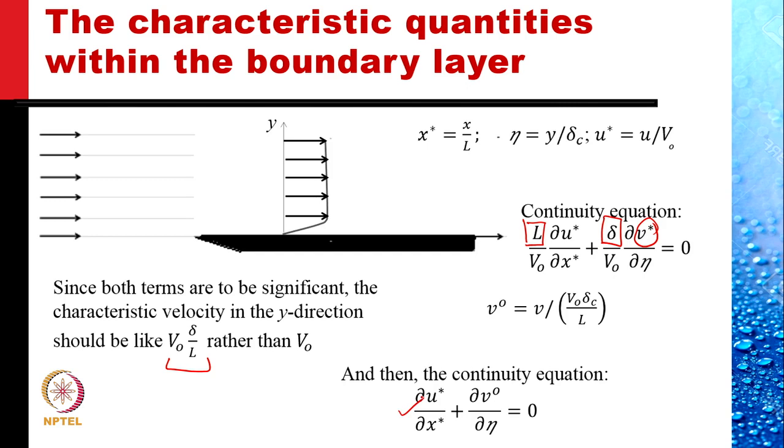So, the characteristic velocity in the y direction is not V naught, but V naught delta by L, much smaller. Let me remind you that delta is as yet unknown.